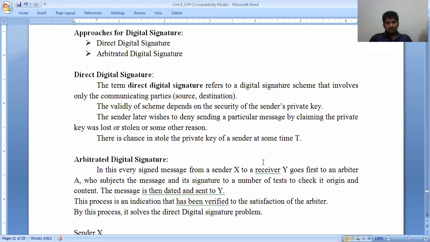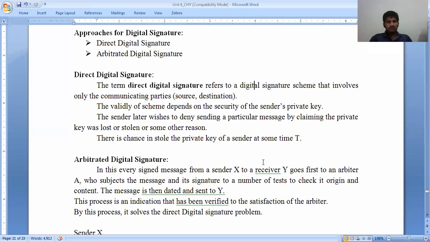The arbiter A subjects the message and its signature to a number of tests to check the origin and the content. The person is checked to verify whether the particular person is the one sending. So the third party checks and verifies each time through a number of tests. The message is dated and sent to Y.